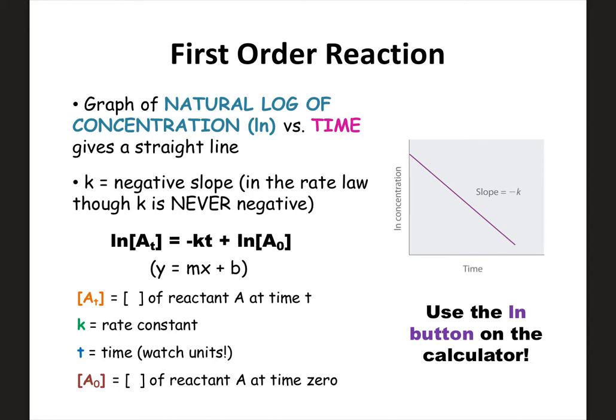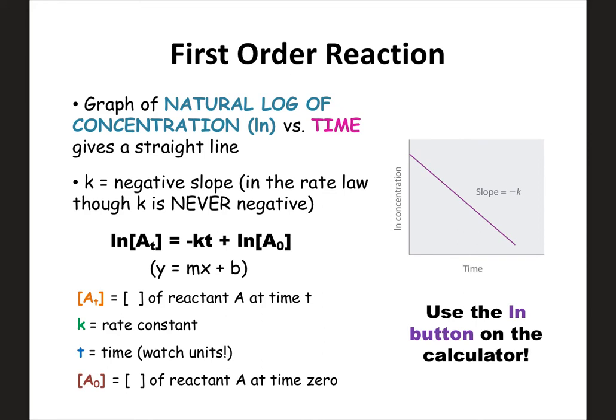We can write the equation of this line again, y equals mx plus b, but this time we're using the natural log of the concentration. So y would be the natural log of the concentration at a particular time equal to negative kt plus the natural log of the concentration at time zero. To do the natural log of the concentration, you do have to use the ln button on the calculator.